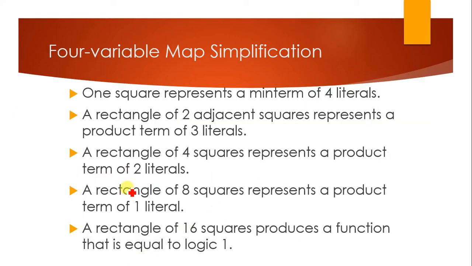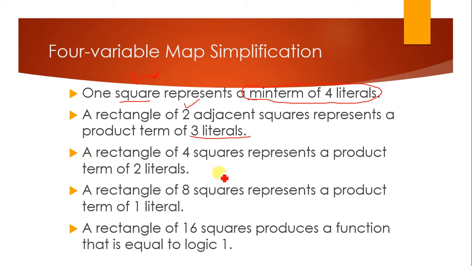Now in 4 variable K maps, look at point number 1. One square or quad represents a min term of 4 literals. A rectangle of 2 adjacent squares represents a product of 3 literals, or in certain cases it will vary, right?